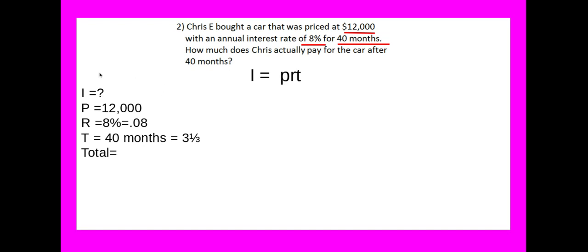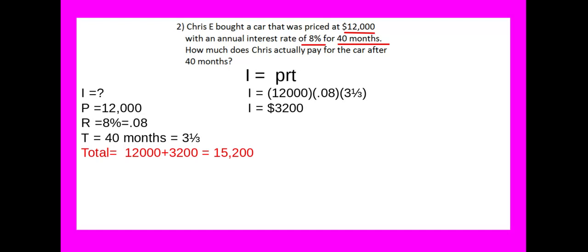So we're going to fill this all into the formula and then calculate it in our calculator. Then to find the total amount, you take the original price that you borrowed and add it with the interest, and you're going to end up getting $15,200.